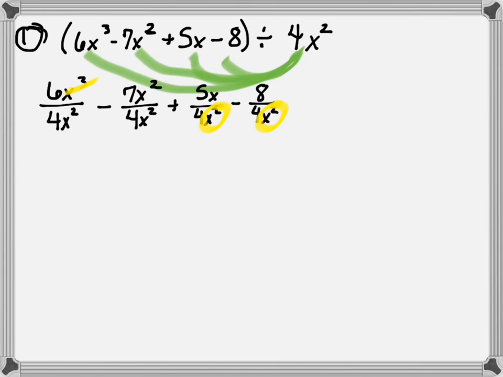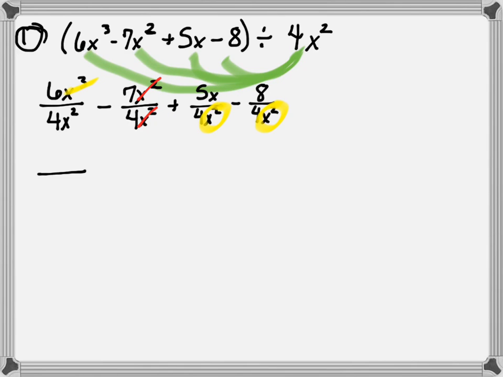Each of them, we are figuring out where our largest x is and circling it. When they match exactly, they cancel out. When they don't, we have to figure out where it's going to be left. And we'll deal with the numbers last.